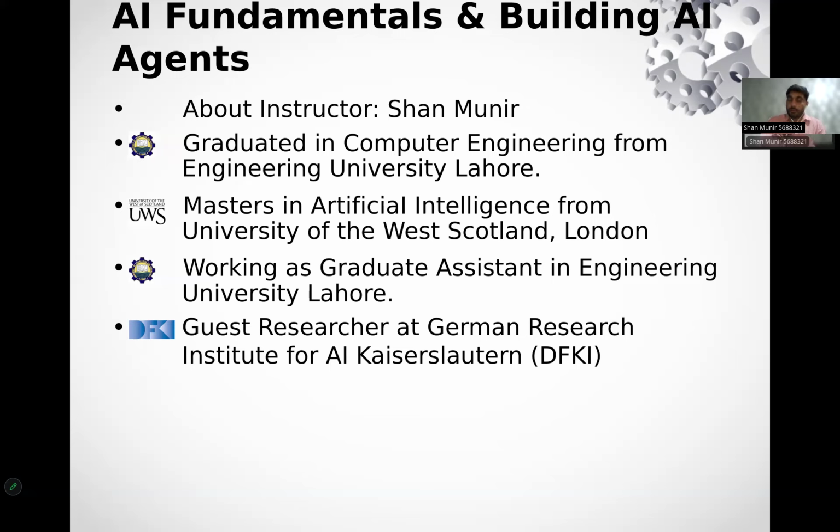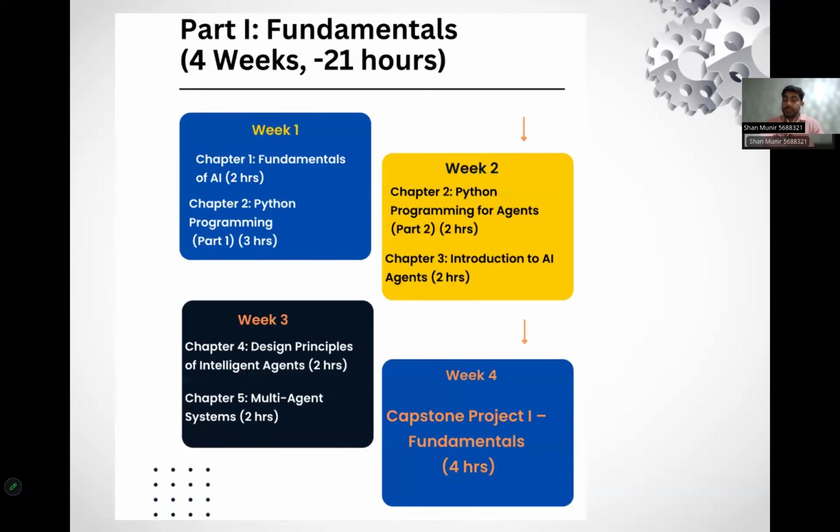Let me give you the outline of the course that we will cover. This course is going to be a 10 to 12 weeks course. The first 4 to 5 weeks will be regarding the fundamentals of AI, and the rest of the weeks will cover the advanced techniques, advanced concepts of AI, including agentic system or AI agents.